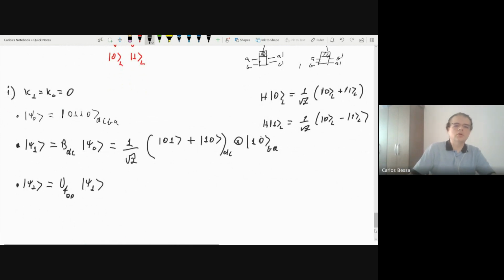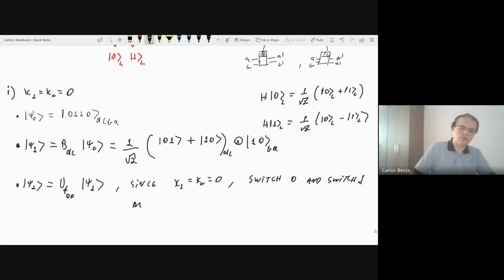So okay, psi 2. This works like identity, since K1 equal to K0 equal to 0, switch 0 and switch 1 are off. So UF 0, 0 acts like identity.